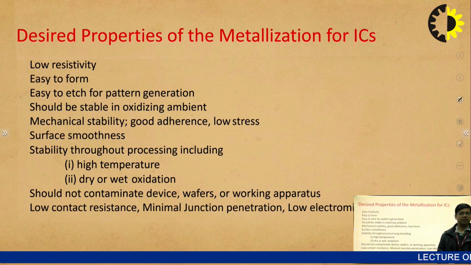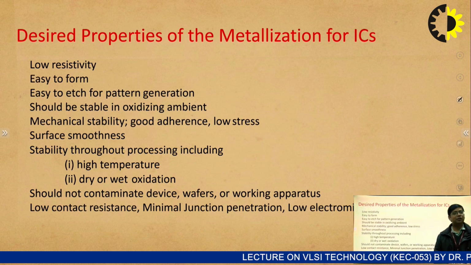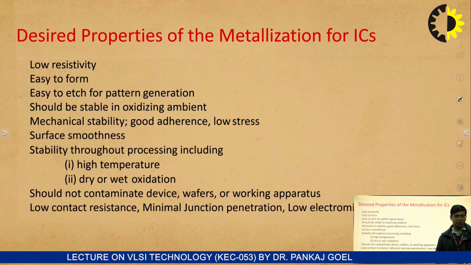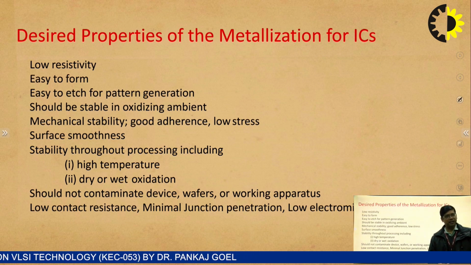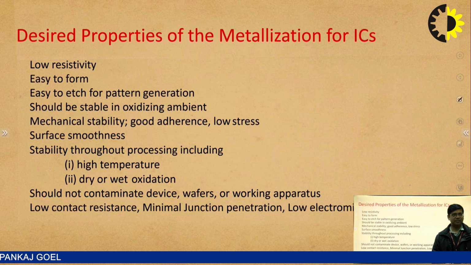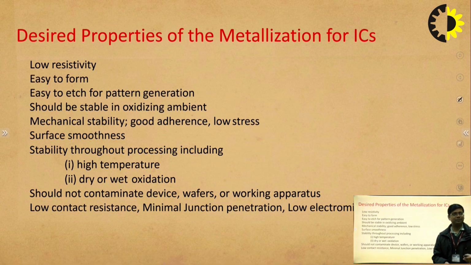So it should be easy to etch also, easy to form as well as easy to etch. Then it should be stable in the oxidizing ambient. It should not oxidize. It should be mechanically stable, good adherence with the wafer, and low stress. So these are the desired properties. The surface smoothness. The surface should be smooth.